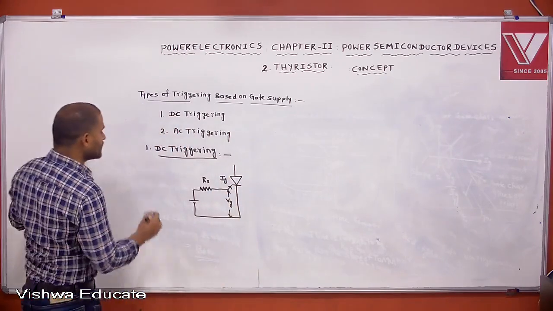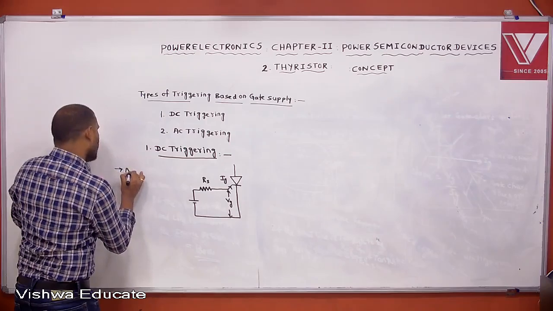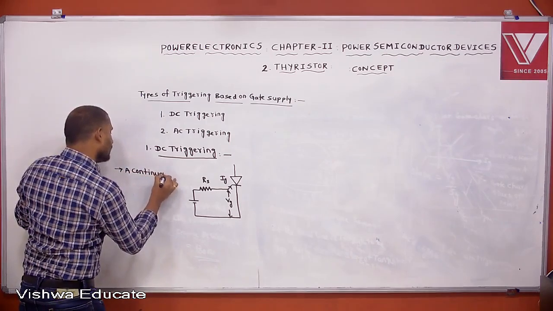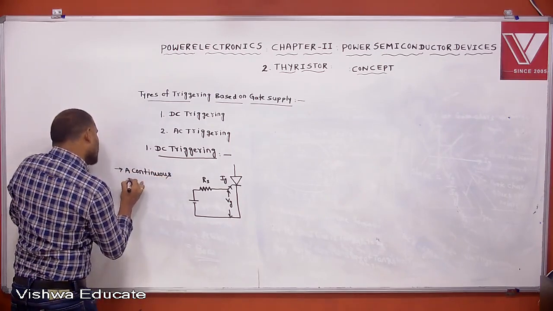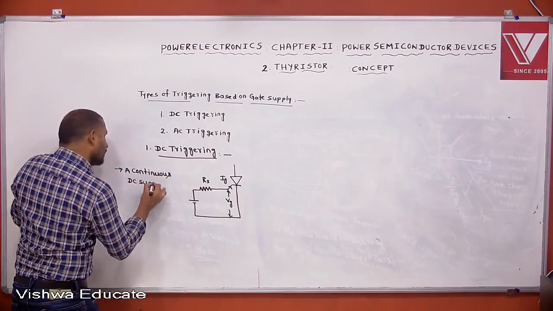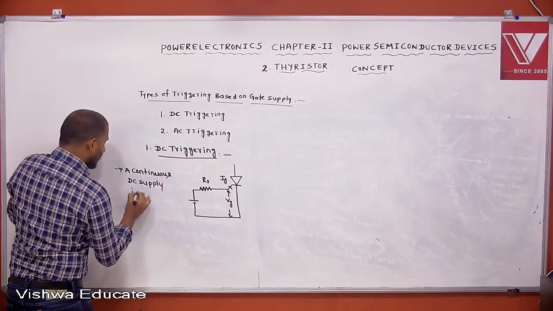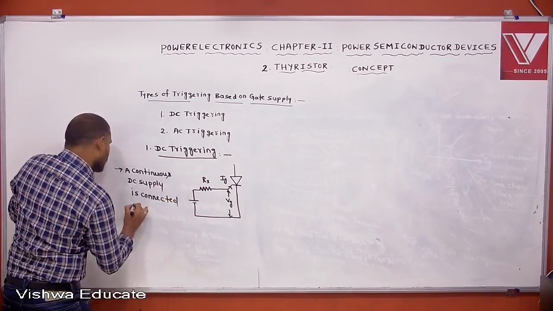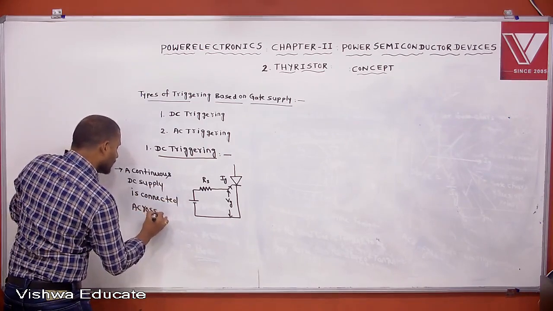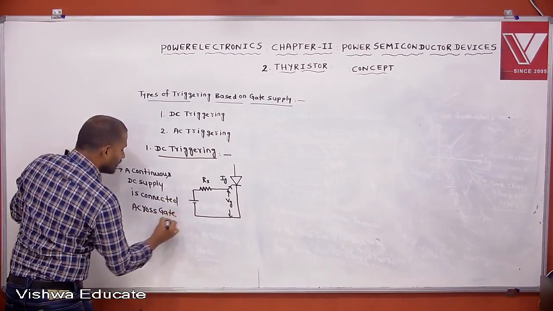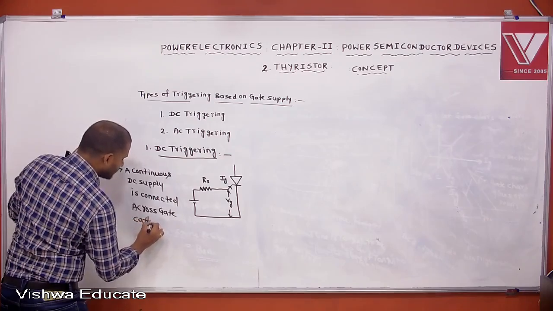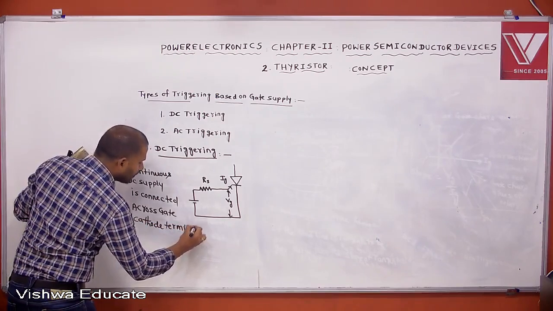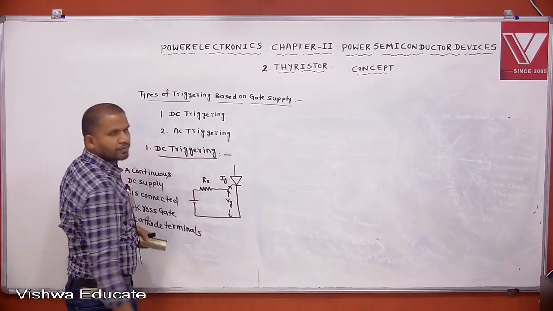A continuous DC supply is connected across the gate cathode terminals. Like this we are connecting.